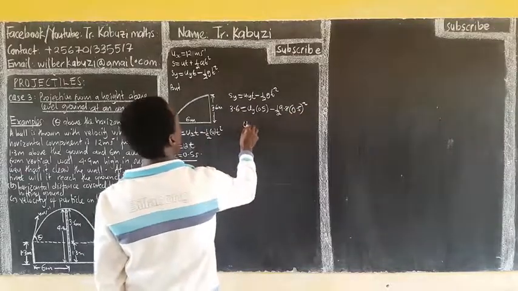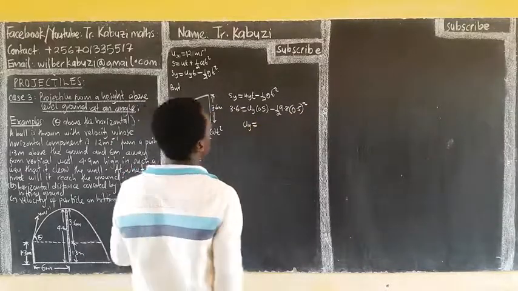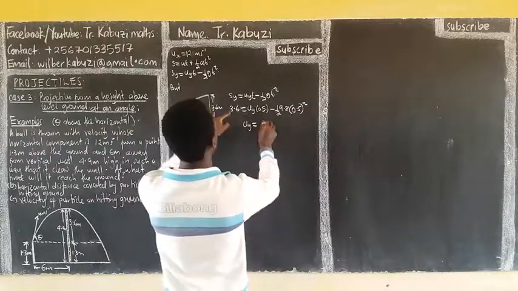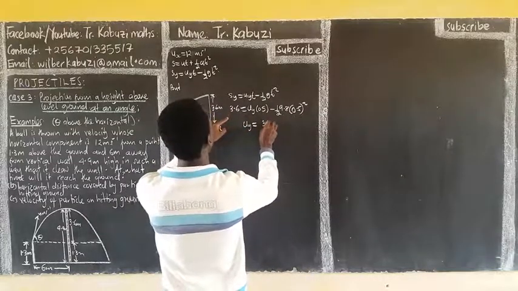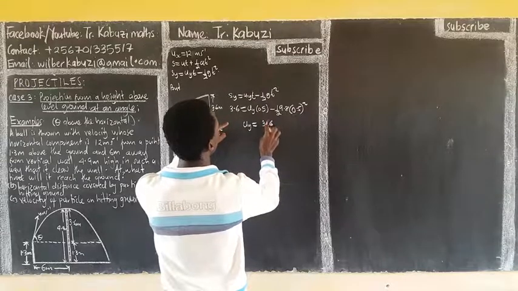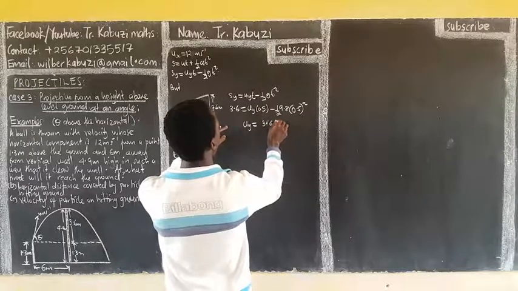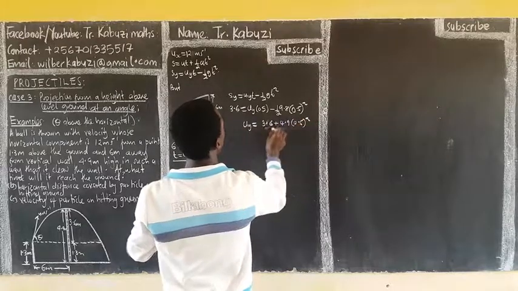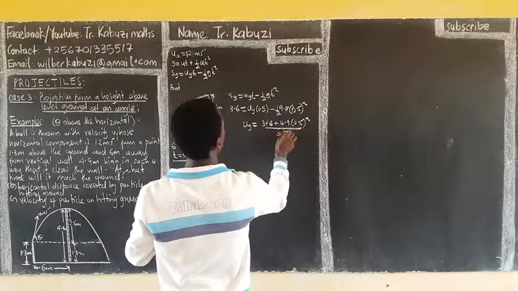So you see, my uy here will be equaling to, I'll take this side, I'll be having 3.6, then plus 4.9 into 0.5 squared, divided by 0.5.